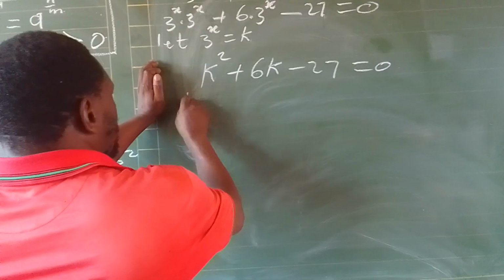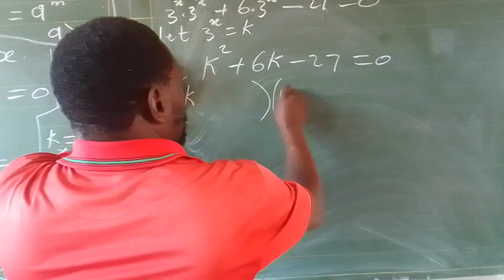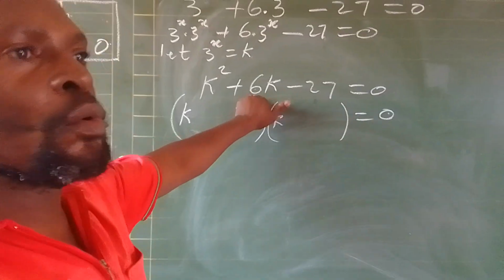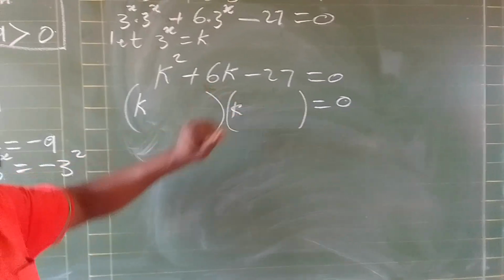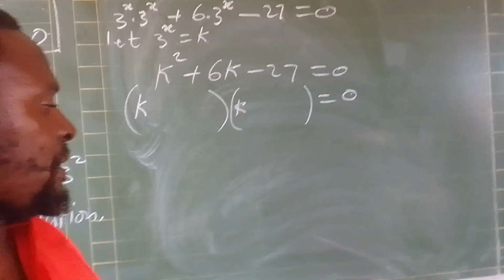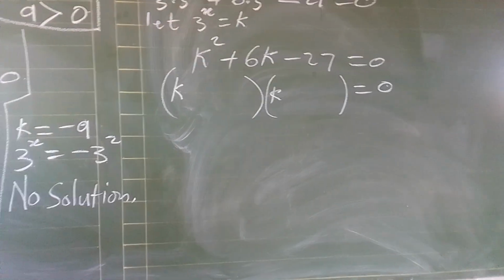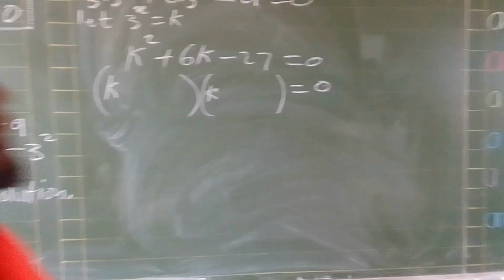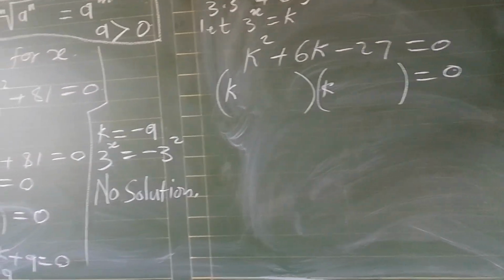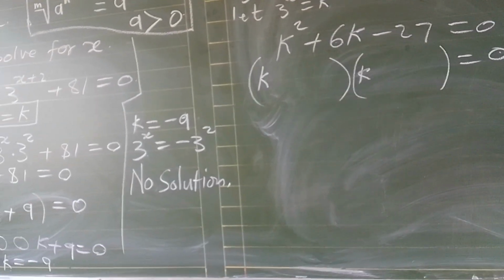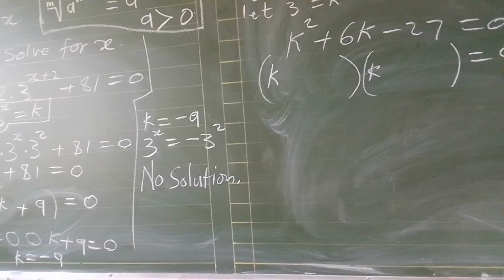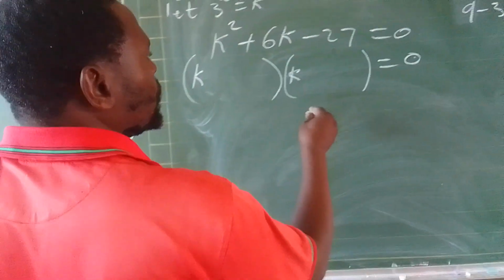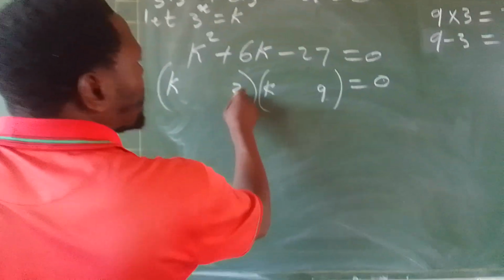Right, we factorize here. The factors of 27 that are going to be subtracted or added to give us 6 are what? Take your calculator. It's 9 times 3 is equal to 27. 9 minus 3 is 6. We get this middle term. Now you say the factors are going to be 9 and 3.